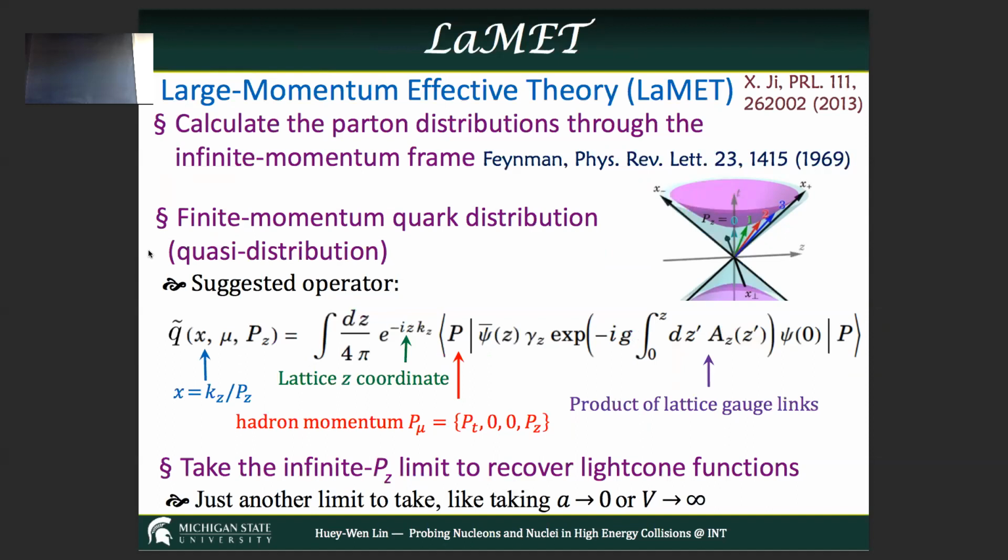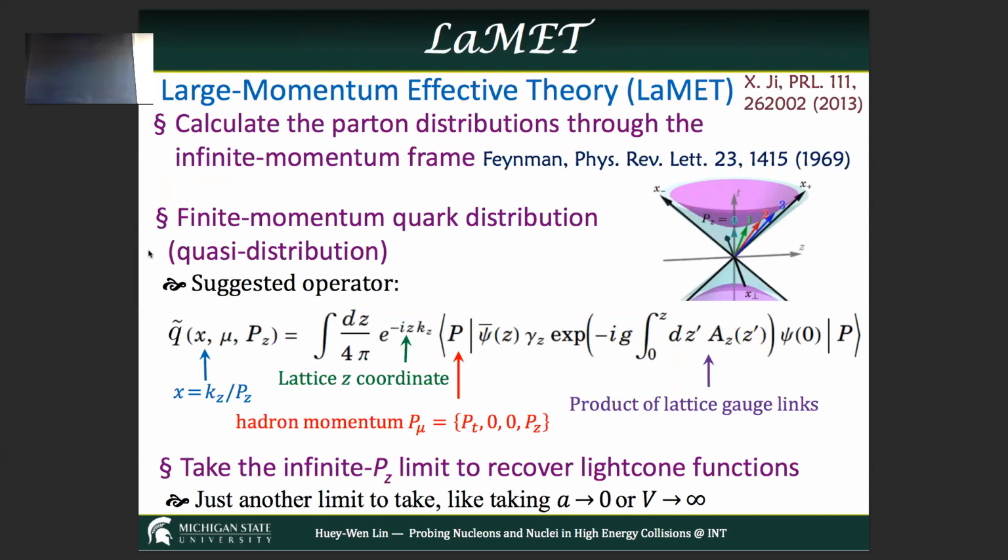What we calculate, for example, this is an example from the unpolarized case, you can have different gamma matrices corresponding to different gamma structures. We have this, instead of a light-cone link, we have the gauge link. You put in the nucleon with a specific momentum. And then at the end of the day, you calculate all this on the lattice, do a Fourier transformation, and you can get this quasi-distribution function.